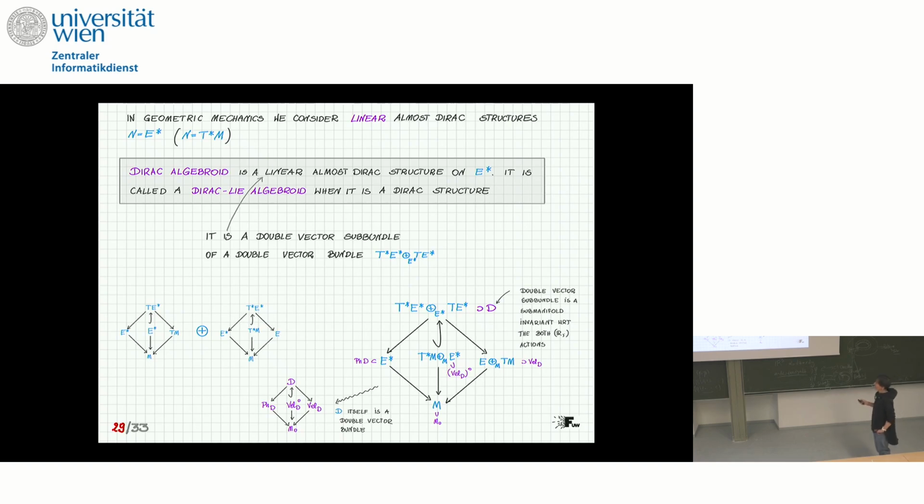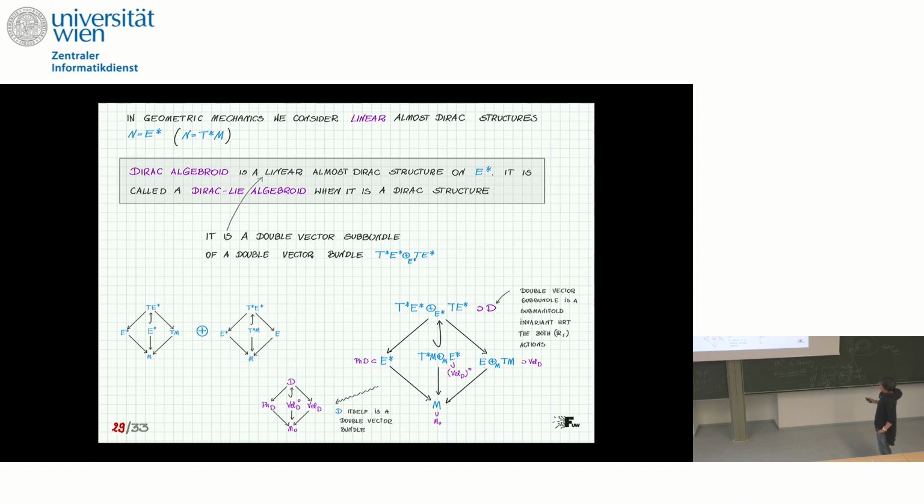So for example, if my linear almost Dirac structure comes from an algebroid, so from some Poisson, or not Poisson, from some bivector, then it is a graph of a map coming from the bivector, and here I will have a graph of my anchor.